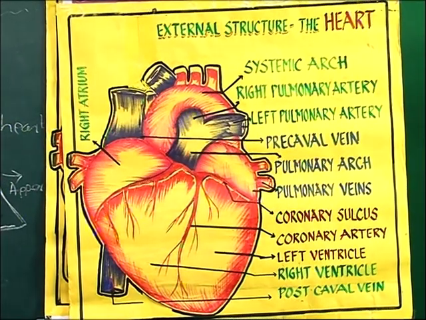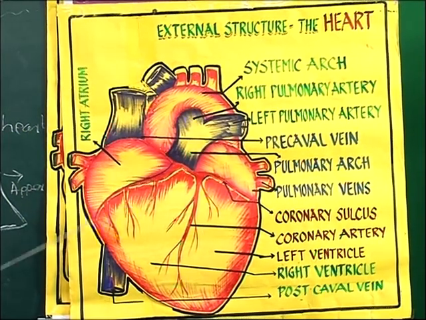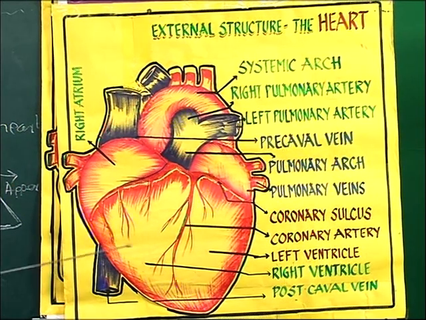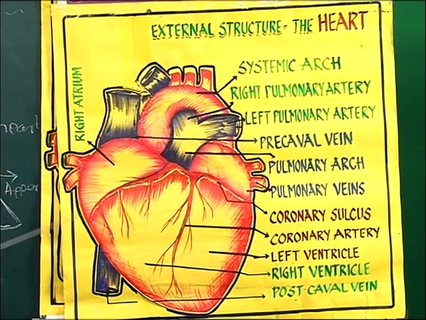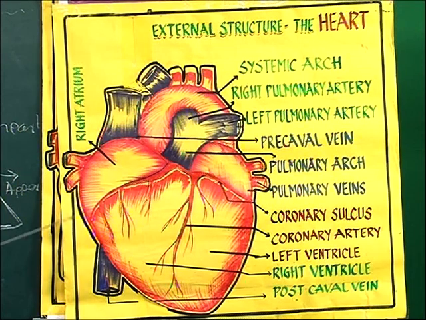In the conical flask the base is facing downward, but in our heart, this base is facing upward. So the apex of the heart is facing downward and the apex of the conical flask is facing upward. So by this we can say that our heart is in the conical shape.